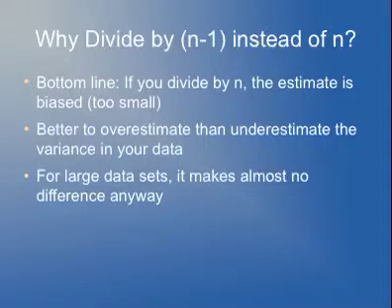Variance is the standard deviation squared, if that wasn't clear. For large data sets, it really doesn't matter because you have a huge value for n, so it doesn't matter if it's n or n minus 1, but this is the definition that we'll stick to for standard deviation.